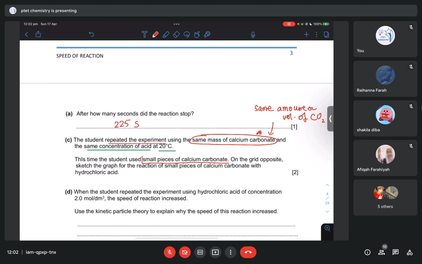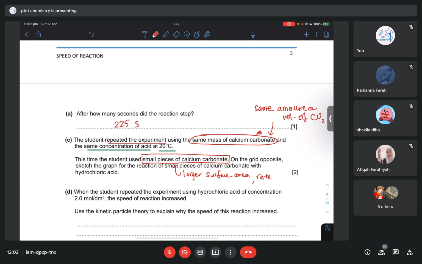This is the exact same question as just now, using the catalyst. But here, this is your reactants. You use smaller pieces, still the same mass, so you should still get the same volume, but larger surface area would mean faster rate of reaction, because you have greater contact area, and therefore your reacting particles can collide more frequently.